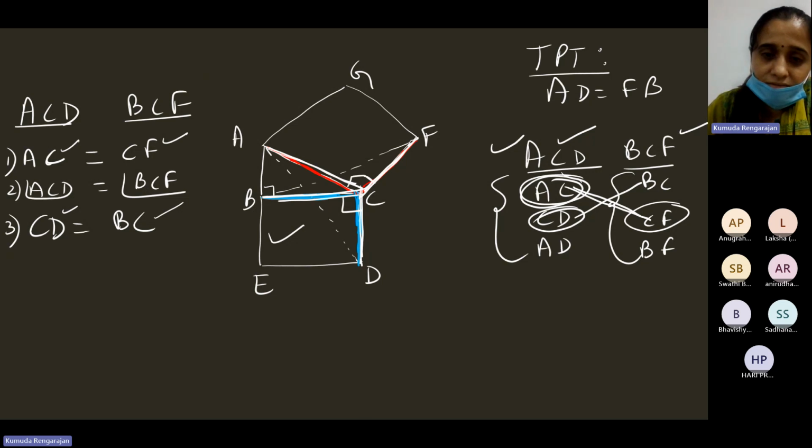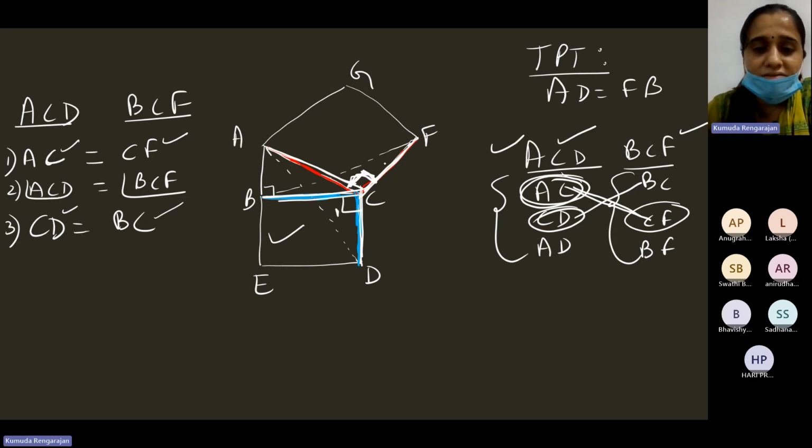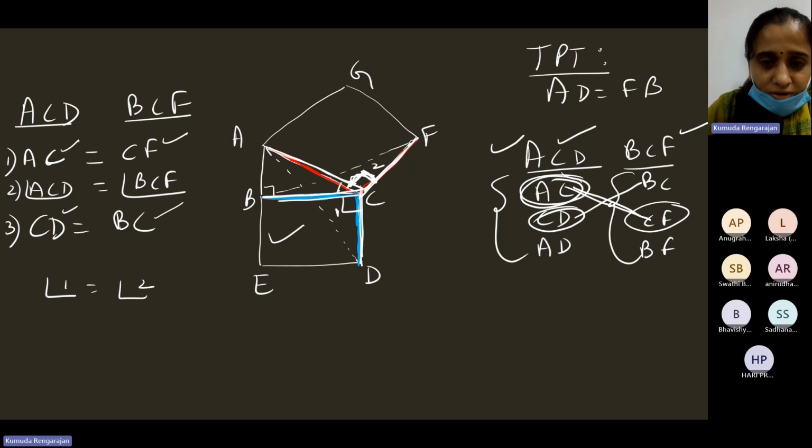Is this 90? Is this 90? Okay, so let me mark this angle 1 and this angle 2. Now, is angle 1 equal to angle 2? It was 90, 90. Can you see this one in the middle? I'll call it 3.